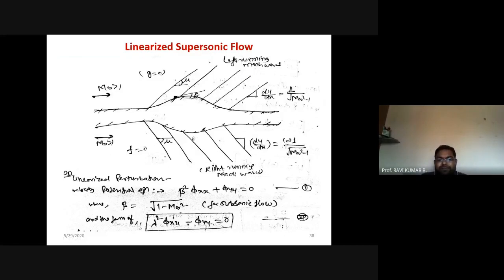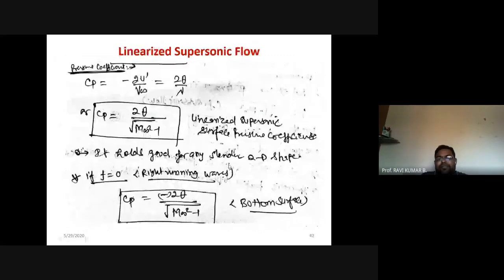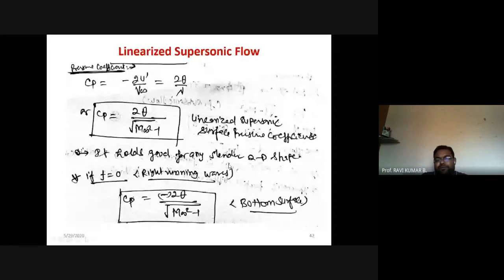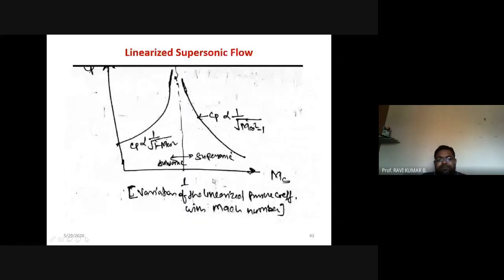So in one case Cp will be positive, in the other case Cp will be negative. That's why two terms are written. This is for the top surface, and this is for the bottom surface. For the bottom surface, Cp will be minus 2 times theta divided by under root m infinity square minus 1. For the top surface, it is 2 theta divided by under root m infinity square minus 1.